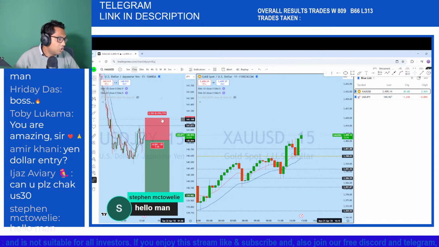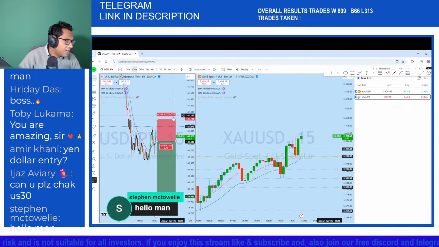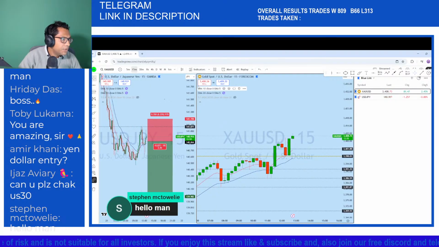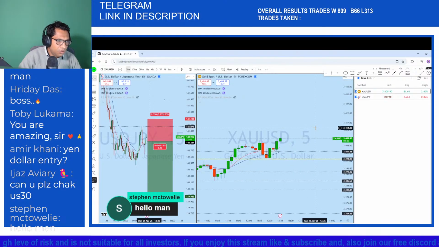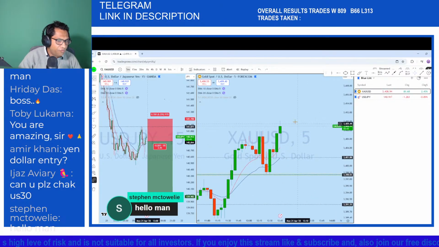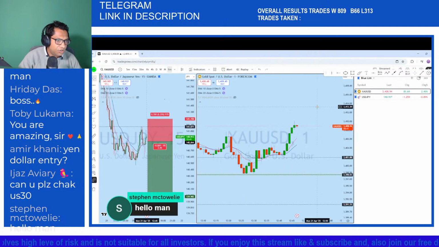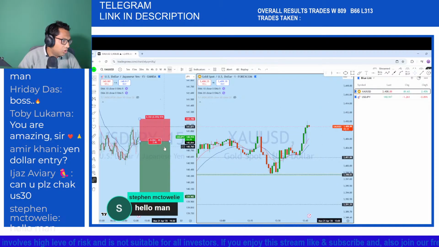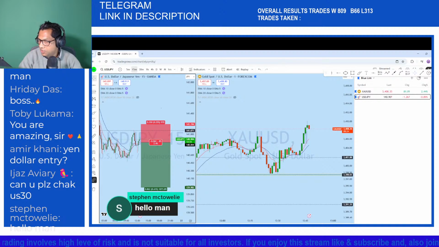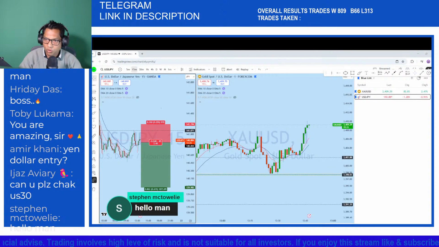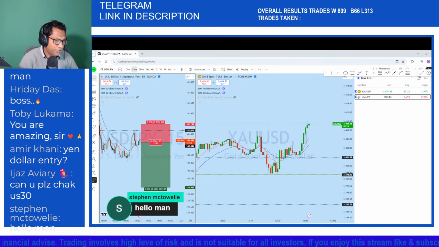Looking at dollar yen to see what kind of price action it is forming, though we can see that gold is in an uptrend, we may be able to find a trade on gold here as well, along with dollar yen. We are currently running two trades, one on XAUSD and the other on dollar yen. But let's see if we can find a further entry. As soon as we find one, we will be entering the trade.